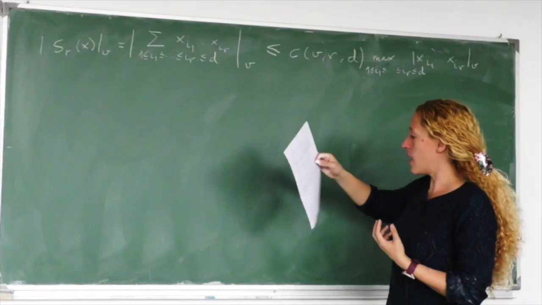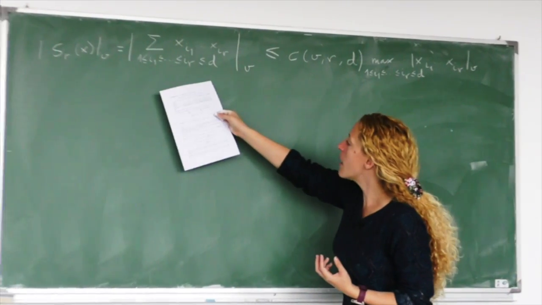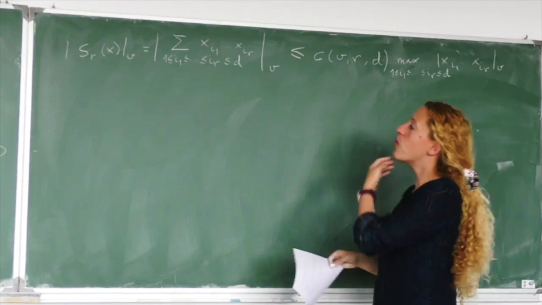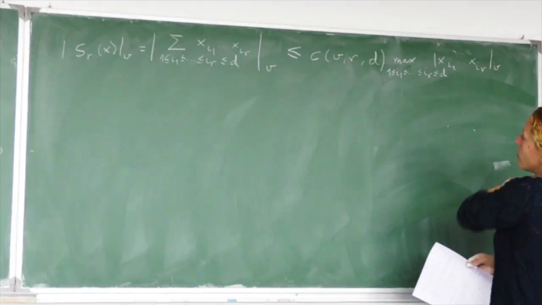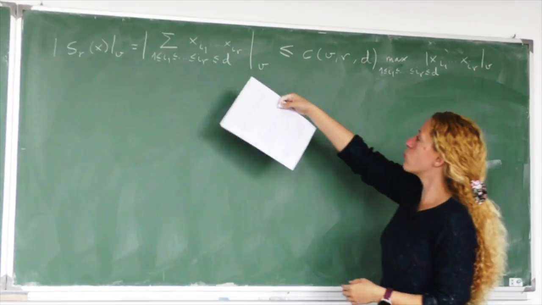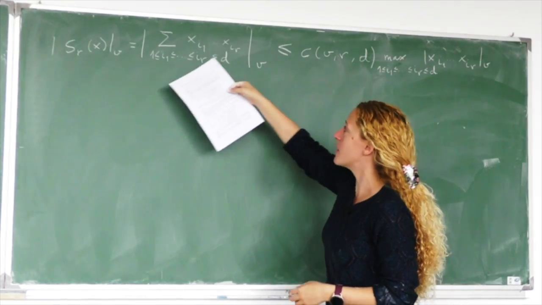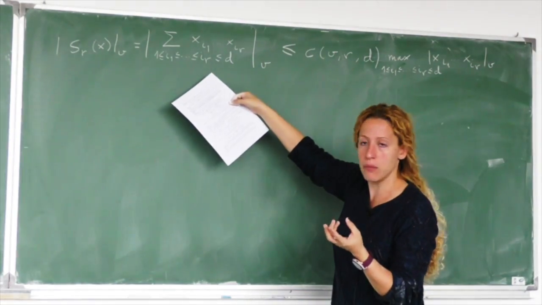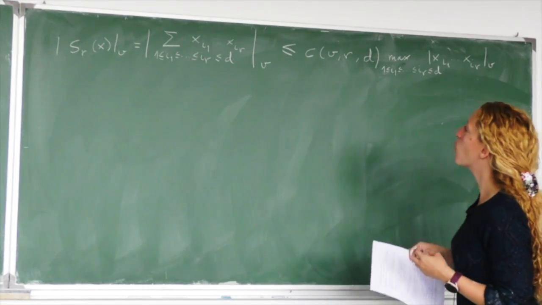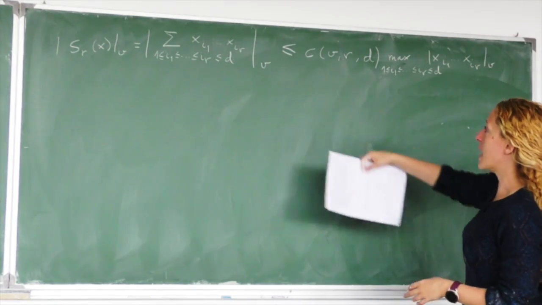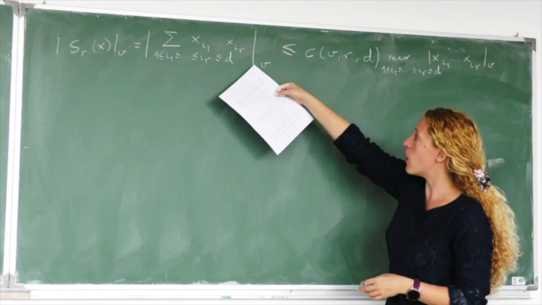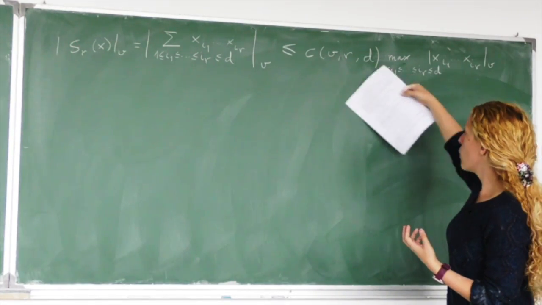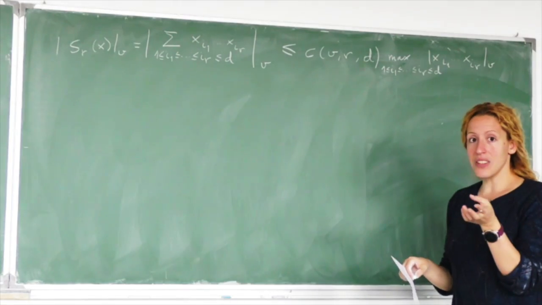How many factors do we have here? Actually, we have d over r different choices of i's. So I have to choose r elements among d elements. So this is a combinatorial number, d over r. And I have all those many terms, and now I use the triangle inequality, and I get this with a constant here.